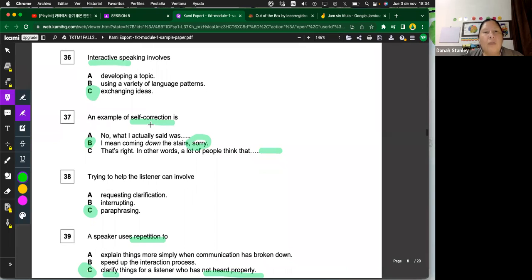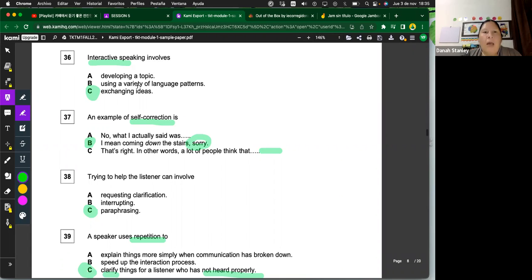Then, interactive speaking involves developing a topic, using a variety of language patterns, or exchanging ideas. Because it's interaction, a come and go, it is interchanging ideas. It's not developing a topic, because I can develop a topic on my own.